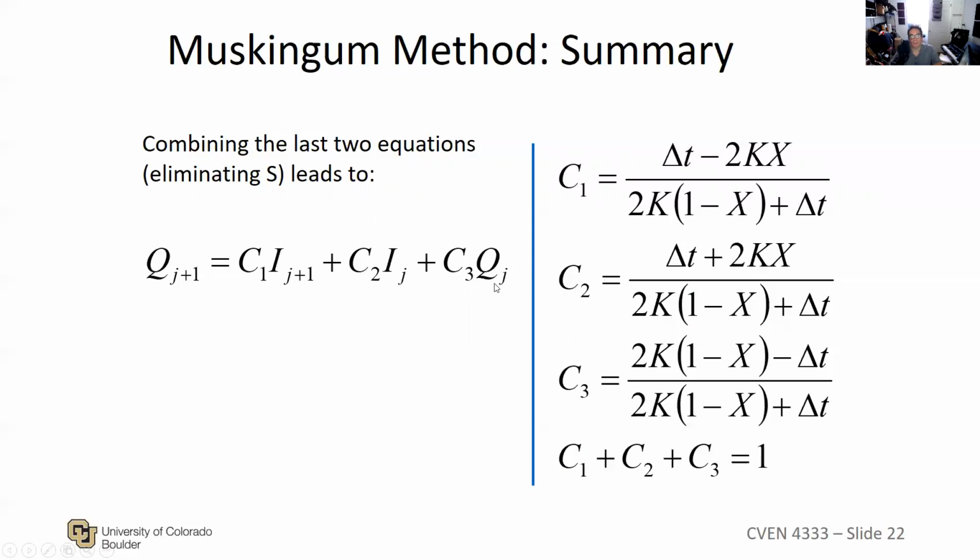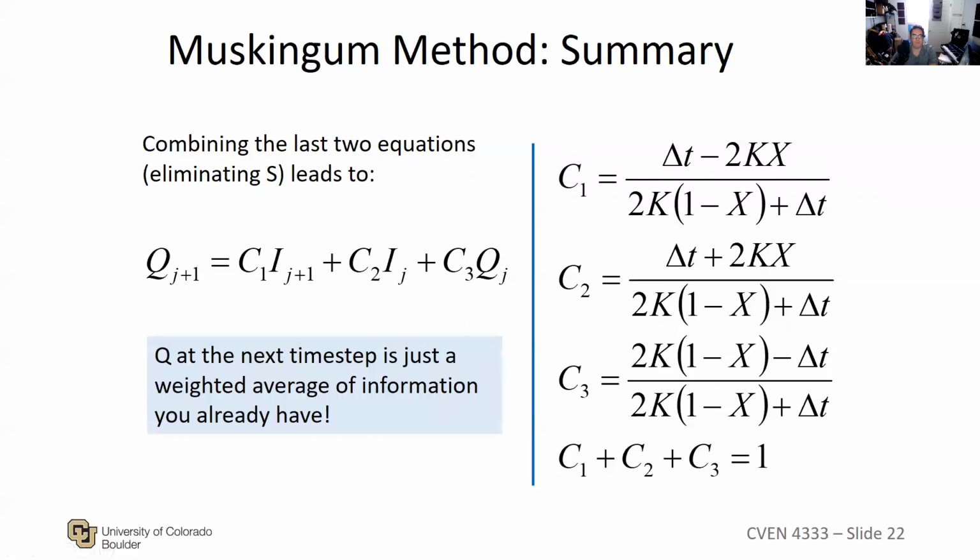And we know what the current flow is because it's at the current time. Multiply those things by these three coefficients that never change, and you can figure out what Qj plus 1 is. Setting this up in a spreadsheet is a lot easier because it really is just a weighted average of information that you already have.